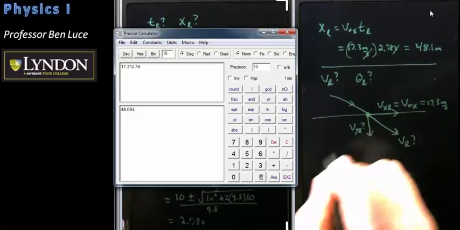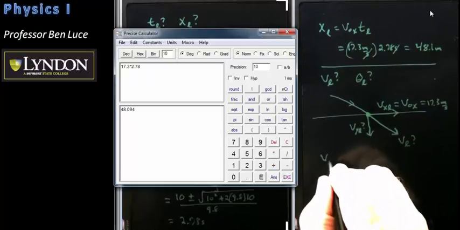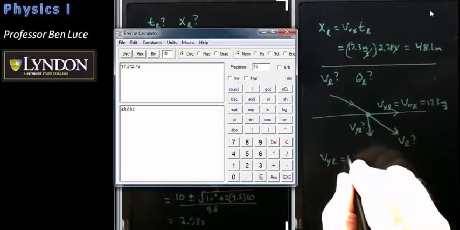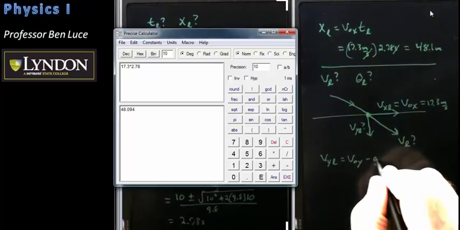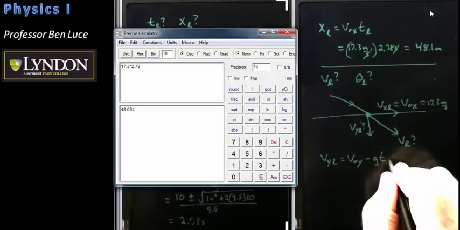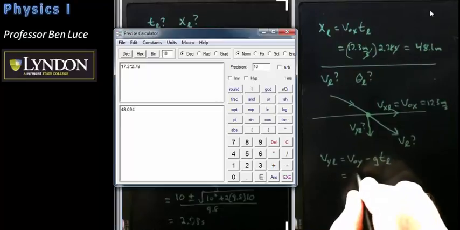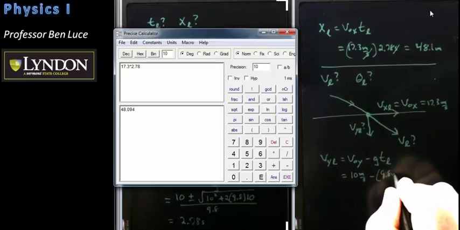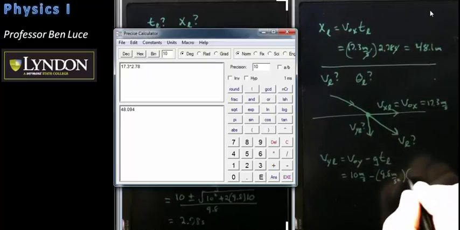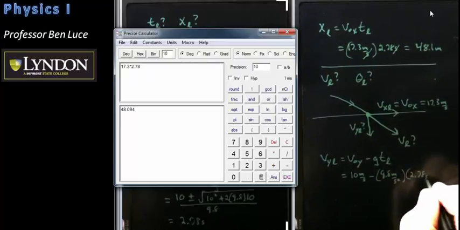Vyl, however, has to be computed. By our equation, Vyl equals V0y minus g TL, so we have 10 meters per second minus 9.8 meters per second squared times 2.78 seconds.